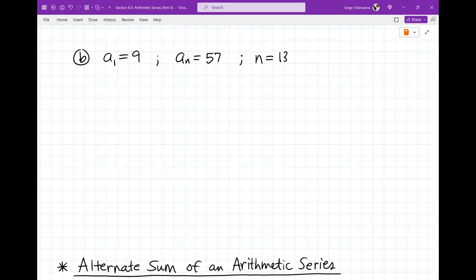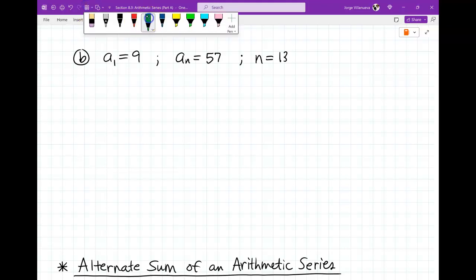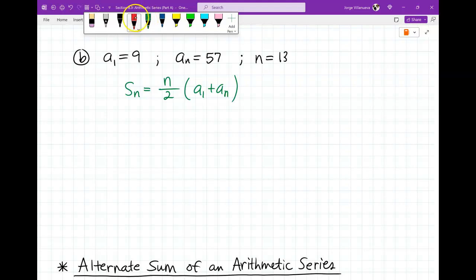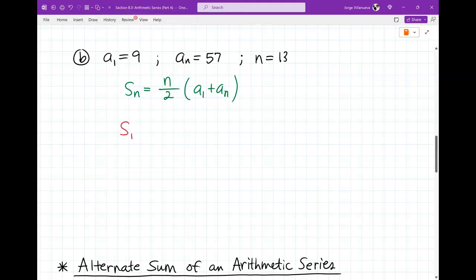Okay, so let's figure out the sum. Again, we don't have to figure out those numbers in between because we have a formula that helps us do that. So S sub n, I'm just writing it out again. N over 2 times a sub 1 plus a sub n. So, S sub 13. Okay, I'm trying to add up the first 13 terms.